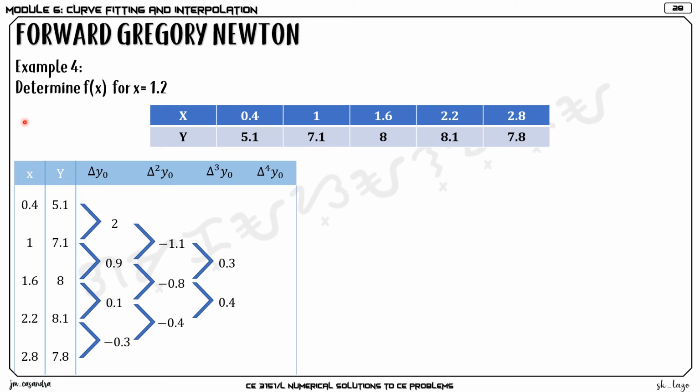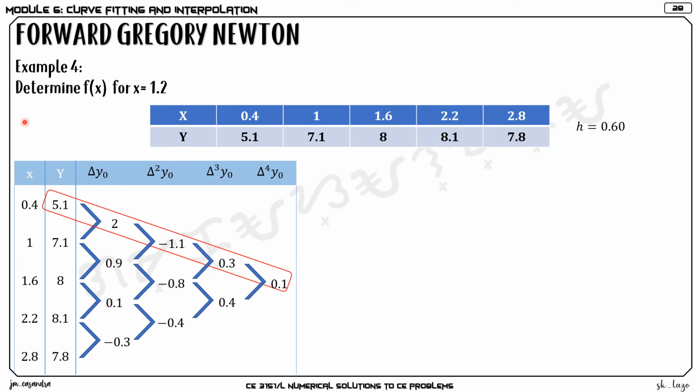Wherein delta raised to 4 y sub o now yields a value of 0.1. So for our solution, we have our leading forward difference of 5.1, 2, negative 1.1, 0.3, and 0.1 for the values of y sub o and the delta values.